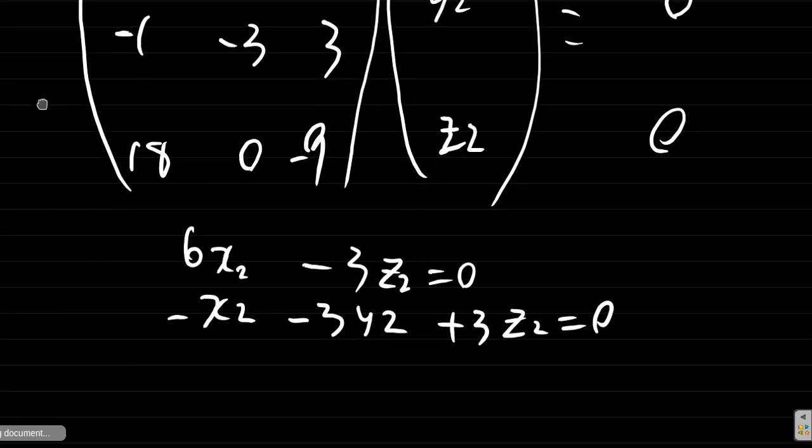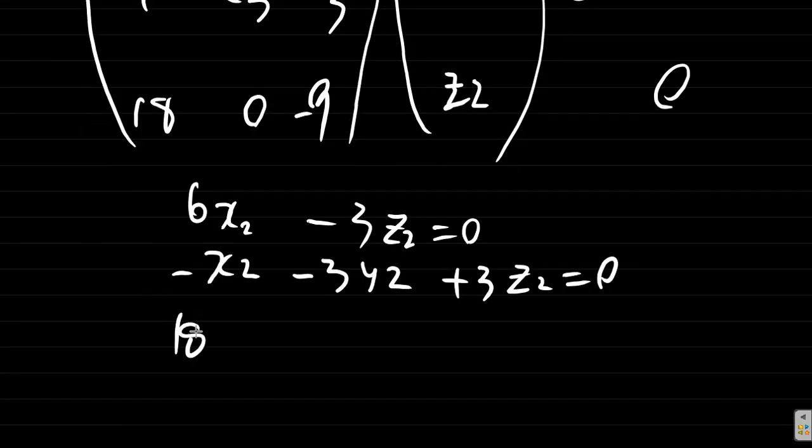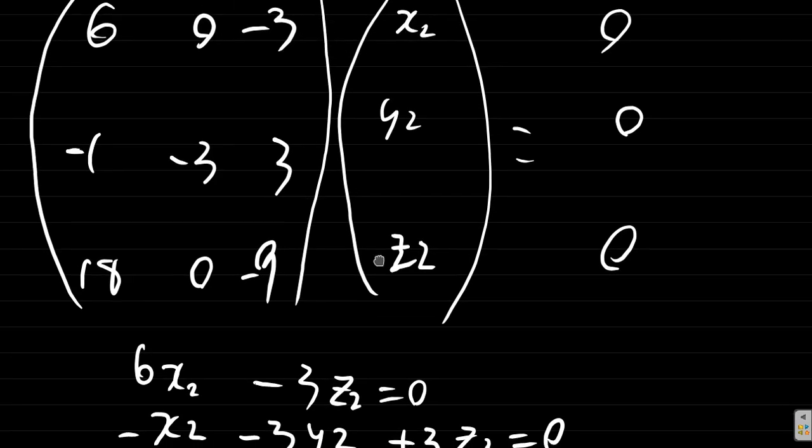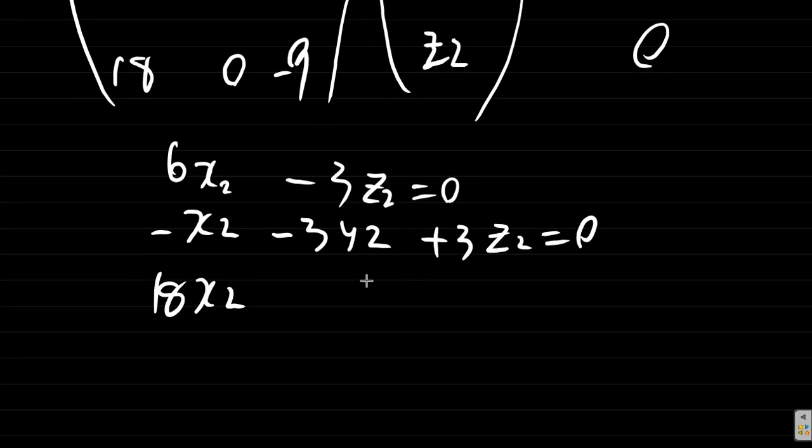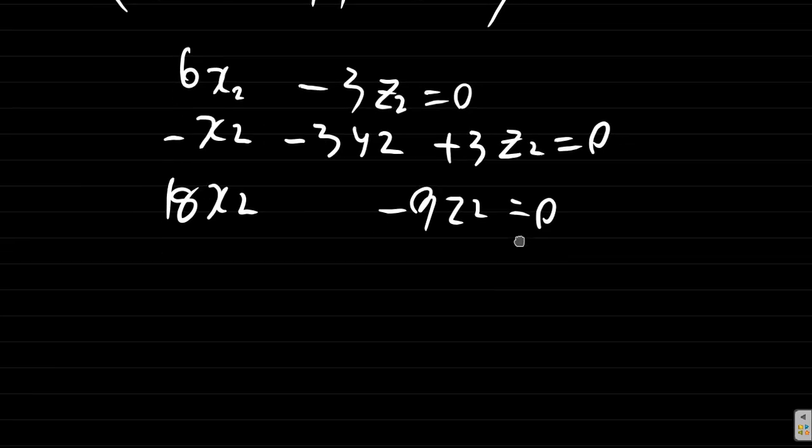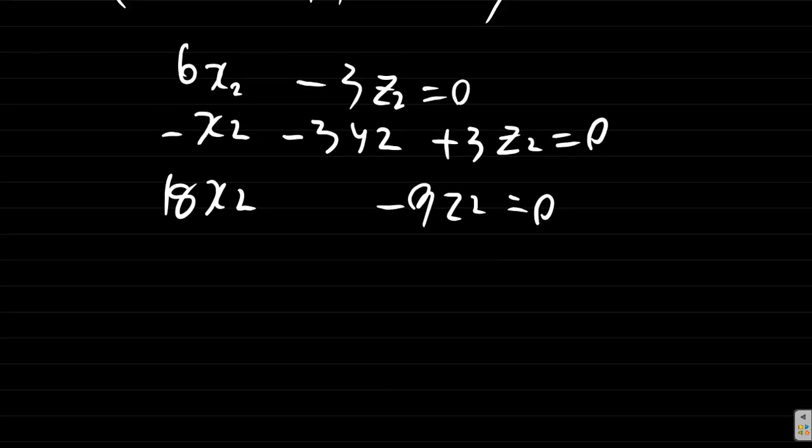Then you have 18x2 plus 0y2 minus 9z2 equals 0, right? So here you say 6x2 equal to 3z2.